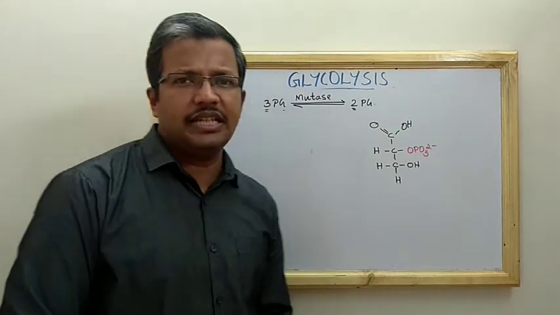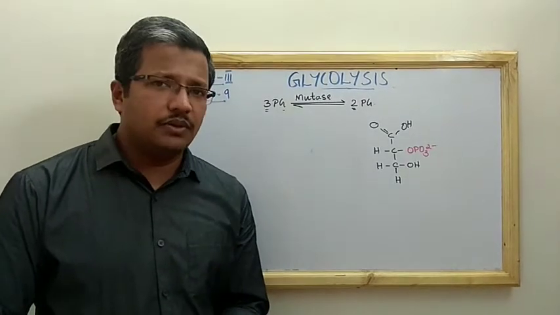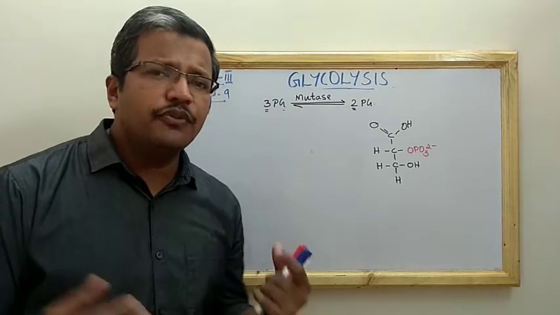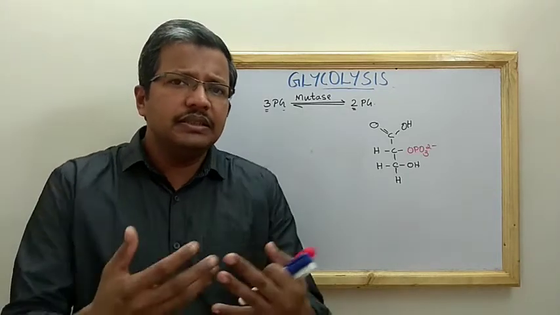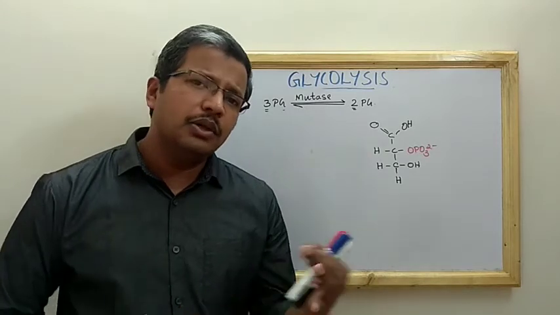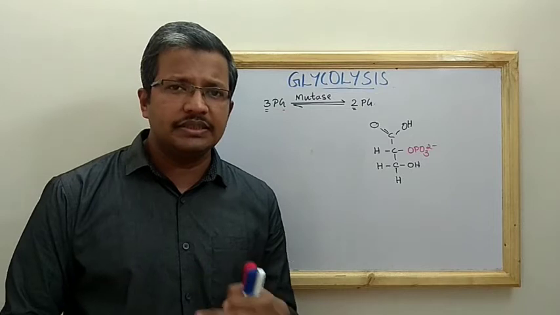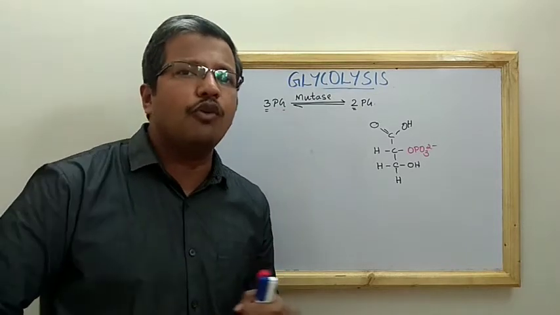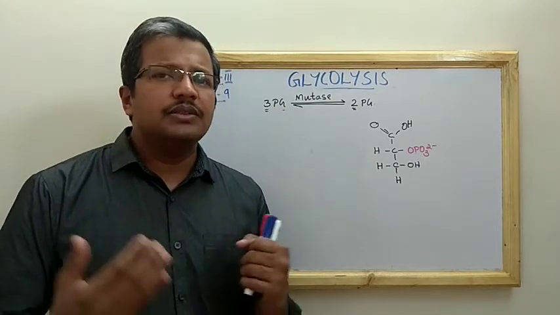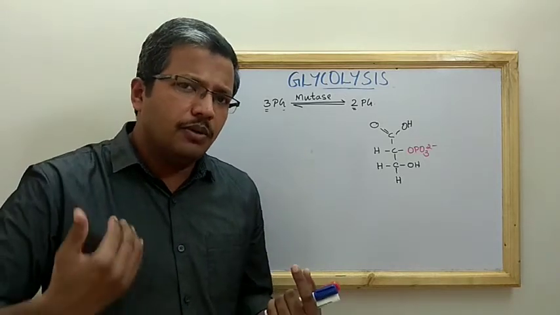Enolase enzyme catalyzes step 9 of glycolysis, where the phosphoglycerate is turned into an enol form. A double bond is inserted between carbon number 2 and carbon number 3. As a result, it is changing into an enol form. That enol form insertion is why the enzyme name is enolase.